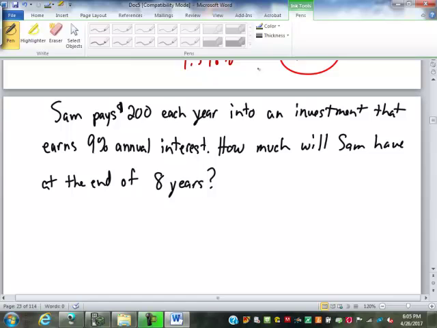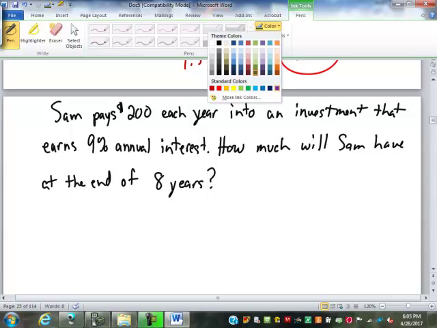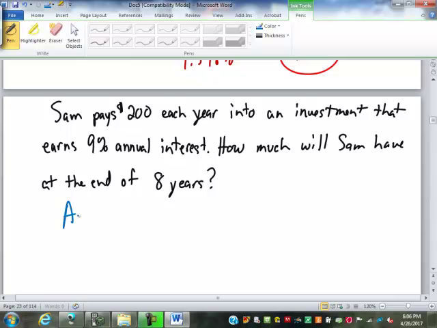What are we looking at here? This is not any of the things we've talked about so far. This has to hit our new stuff. This is what we call an annuity. How do we know the difference between this and the stuff we've been talking about? Because we're adding money each year and not just one time.